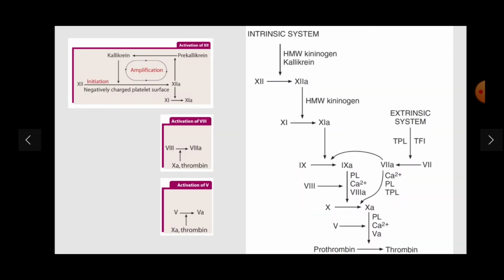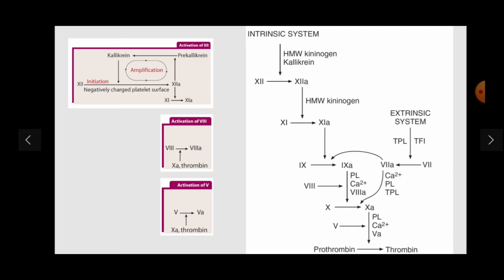Here in this figure we can see the intrinsic and the extrinsic systems and the formation of the prothrombin activator complex. The extrinsic pathway is activated whenever there is injury to the tissue, which activates factor 3. Along with factor 7, it activates factor 10. In the intrinsic pathway, factor 12 is activated first, which activates factor 11 and factor 9.